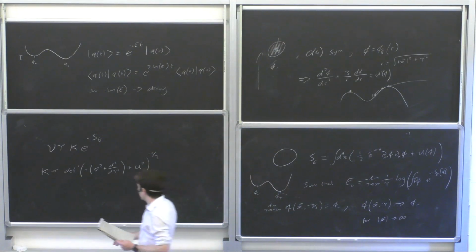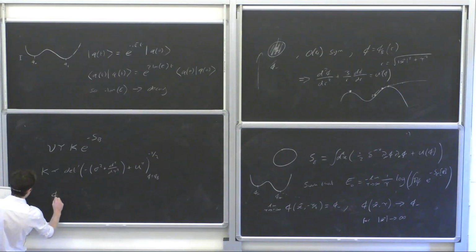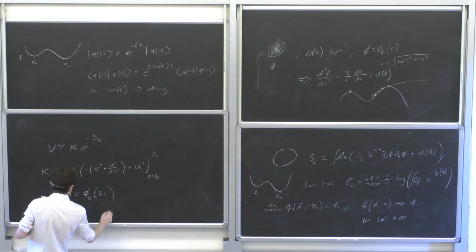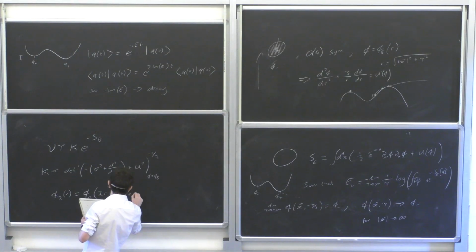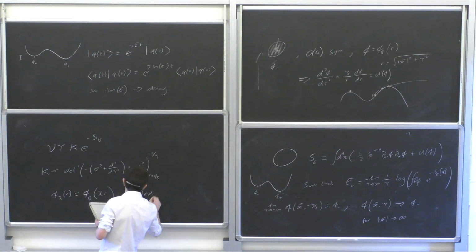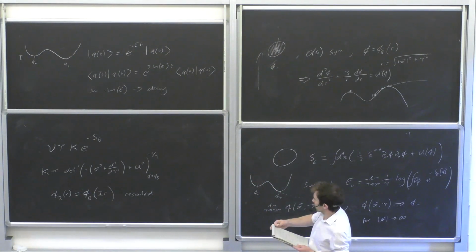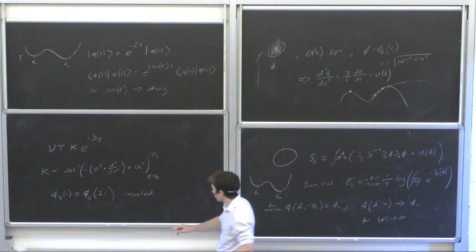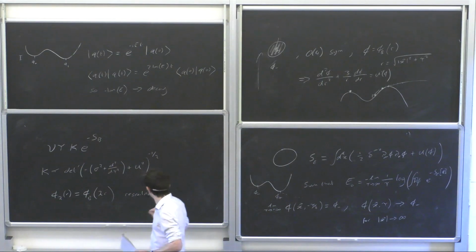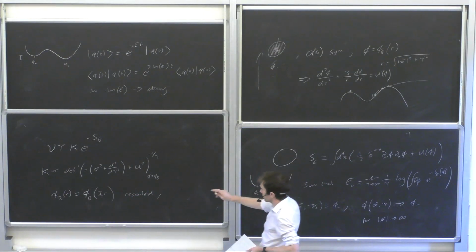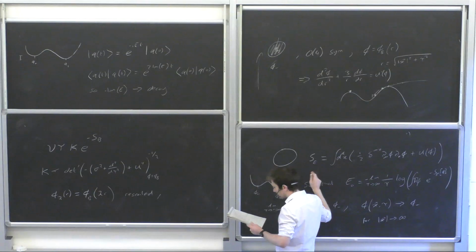It turns out that if I consider some deformed field profile, phi lambda, as a function of r, which is phi bounce of r over lambda, then actually the bounce solution is unstable to this sort of rescaling for any lambda. If I make lambda slightly bigger than 1, I end up with a slightly smaller action. If I make lambda slightly smaller than 1, I also end up with a slightly smaller action.